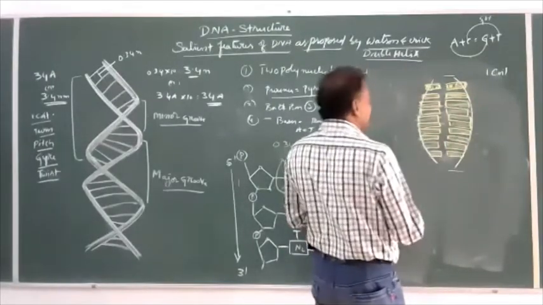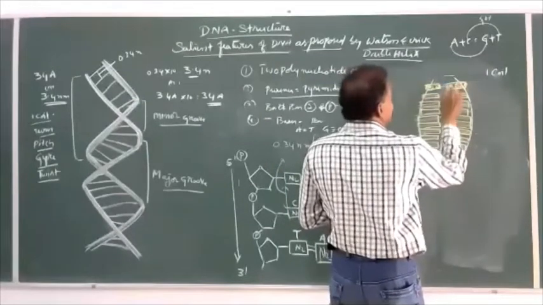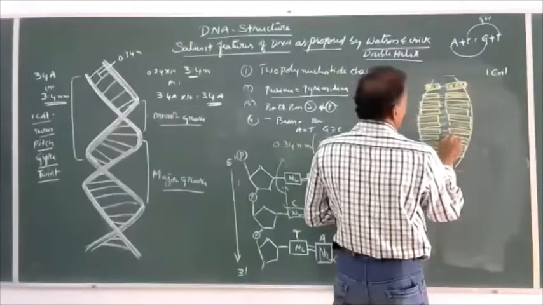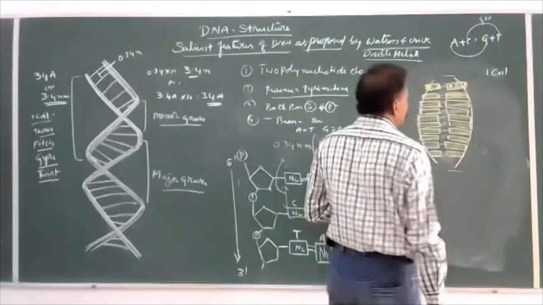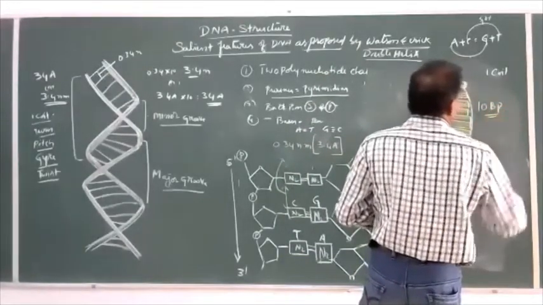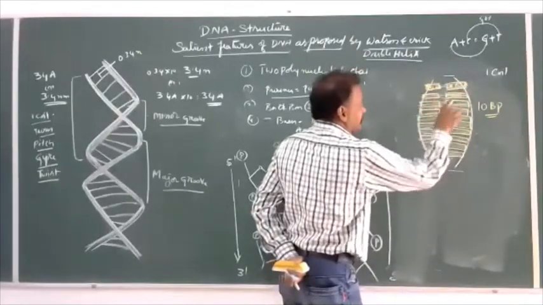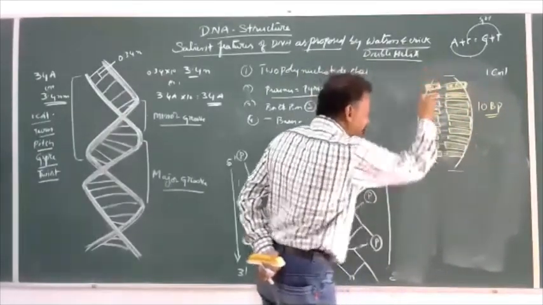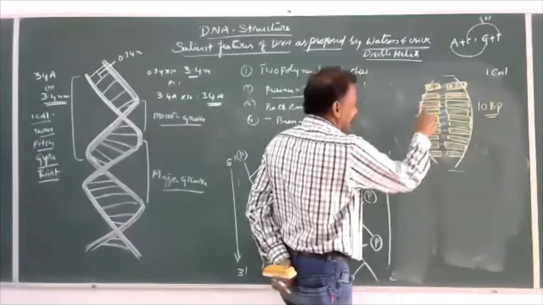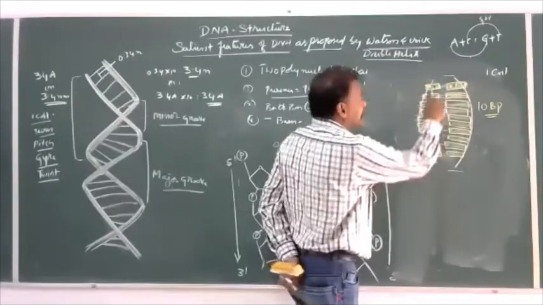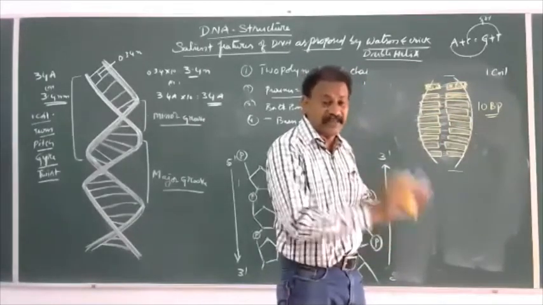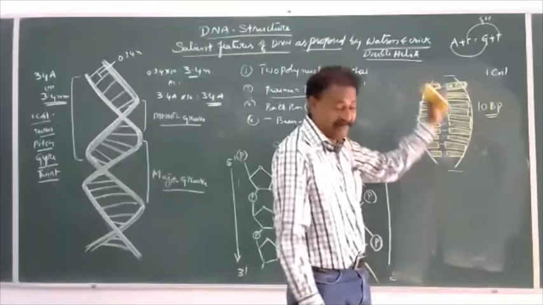Here the bonding is hydrogen bonds. Ten base pairs. These two adjacent nucleotides of the same polynucleotide chain are not called pairs. Adjacent ones are not considered pairs. Opposite ones are called pairs, which have complementary base pairing.